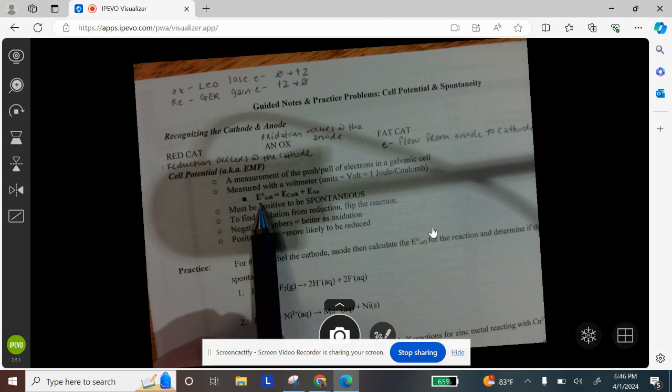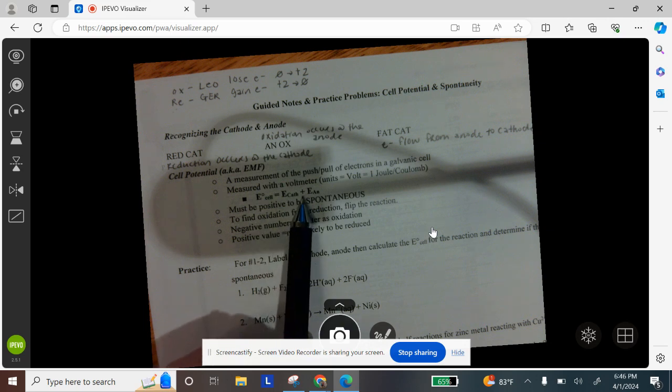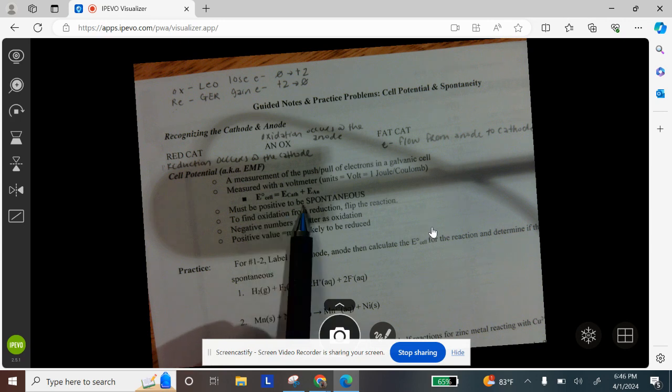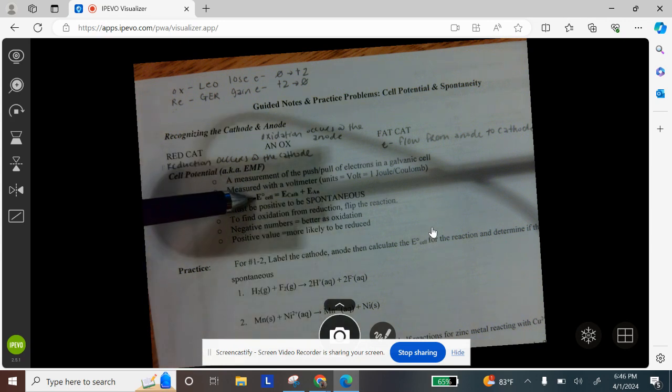So E° cell, and this is standard cell. That's what that's telling you right there. It's cathode plus anode. And I'm going to show you how I look at that as well. This right here, it says must be positive to be spontaneous. So this value here, when you calculate it, if it's positive, it's spontaneous.